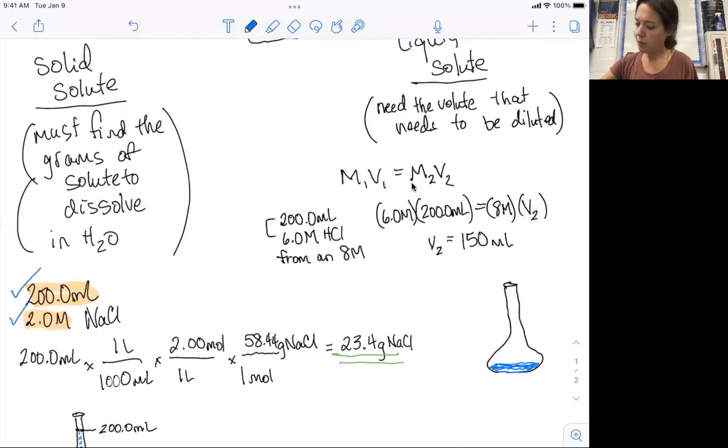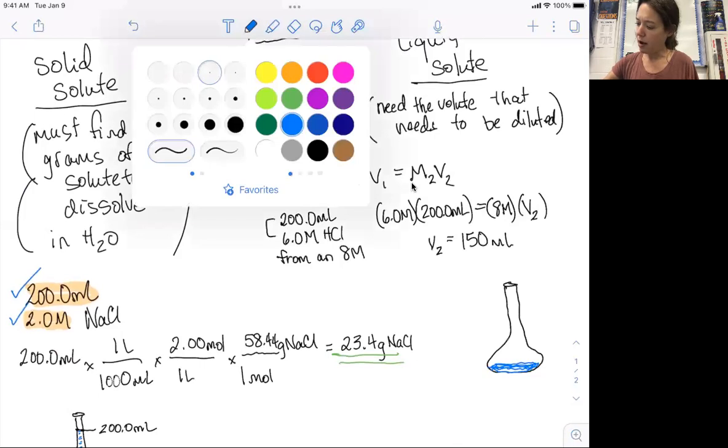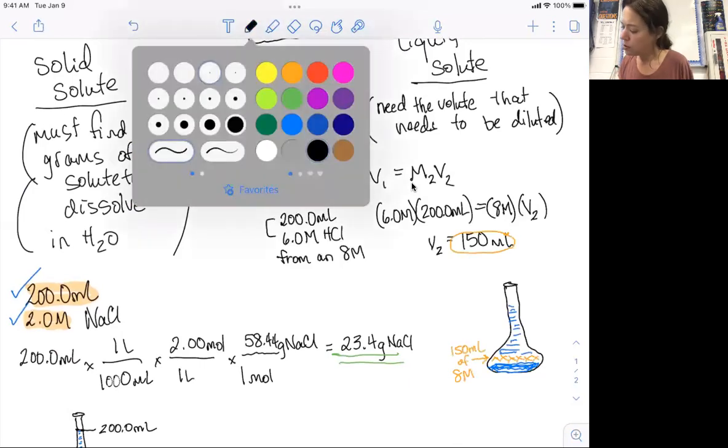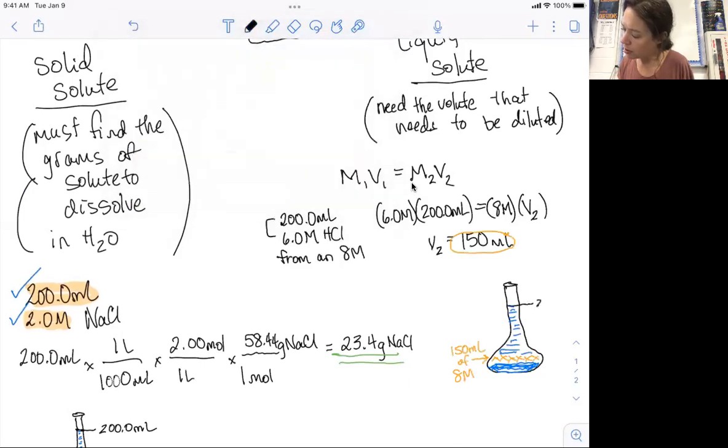So I've put some water in the flask. I will now add my 150 milliliters of the strong, concentrated 8 molar acid to the water. I will then finish preparing my solution by adding enough water until I reach the 200 milliliter mark.